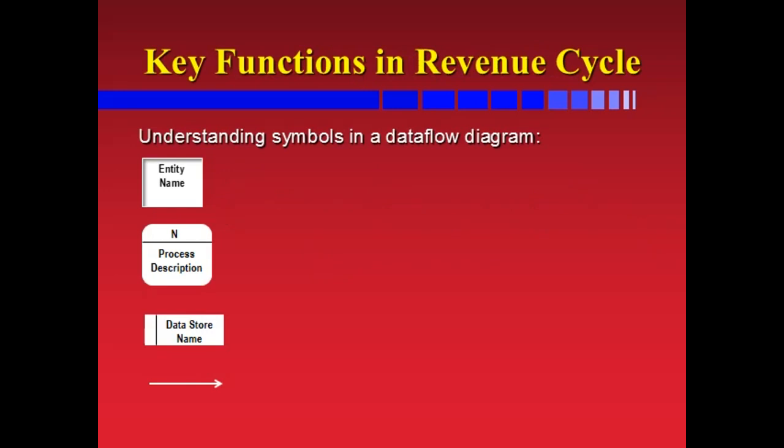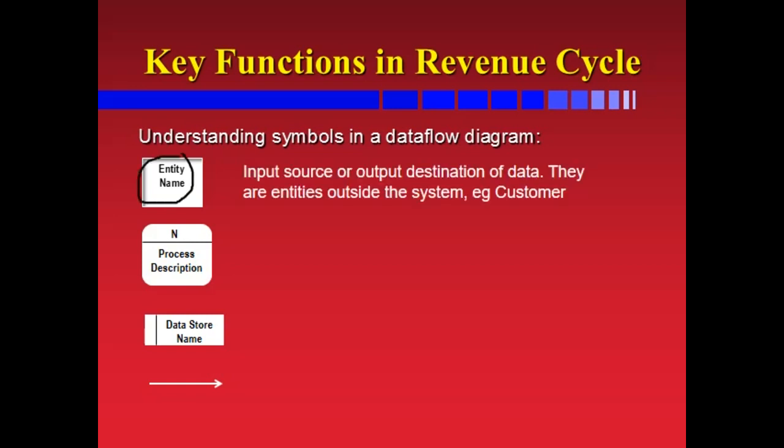Before explaining the key functions in greater detail, let's understand some key symbols and what they represent when looking at a data flow diagram. This symbol here represents an input source or an output destination of data. Entities in a data flow diagram represent objects that lie outside of the system, for example, a customer or a supplier.